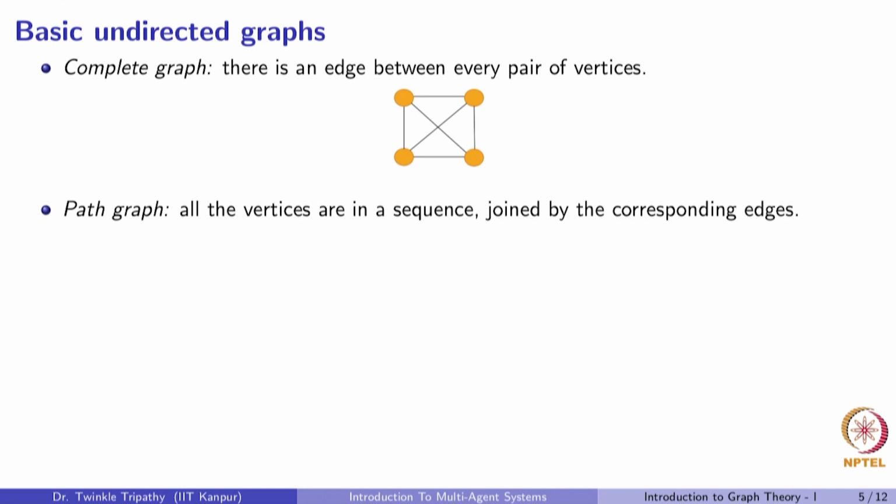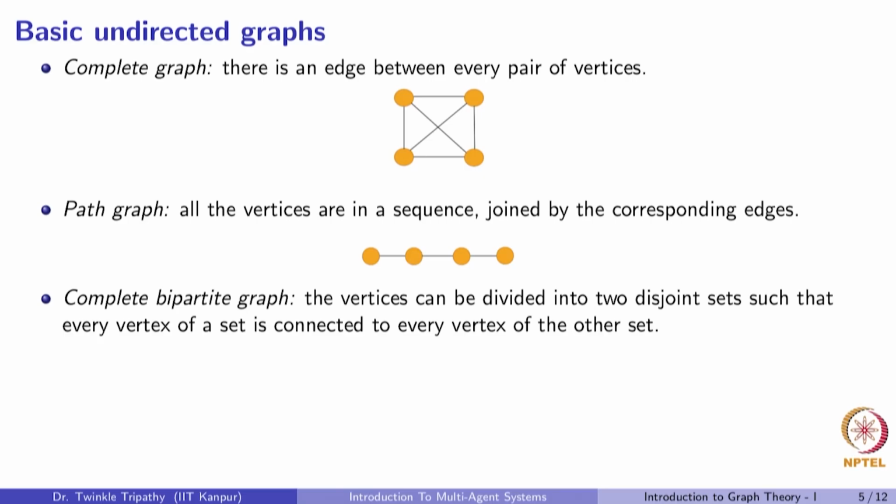Now in the path graph, all the vertices are generally arranged in a sequence joined by the corresponding edges. What does it look like? It simply looks like a straight path as shown here. These are the vertices arranged in a sequence, and we have just one edge connecting all of them.